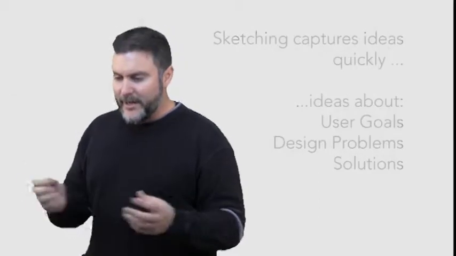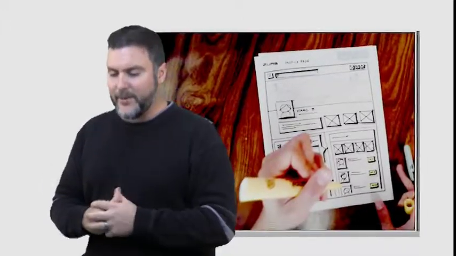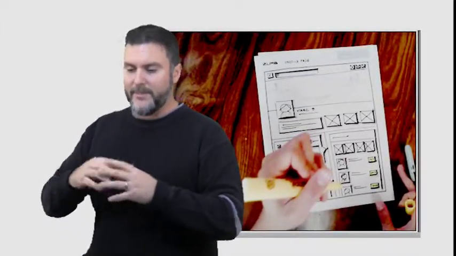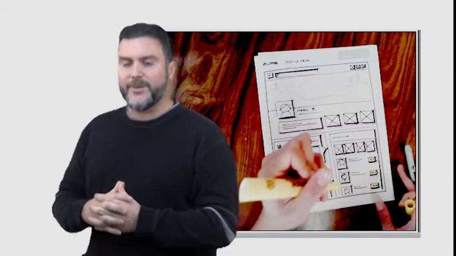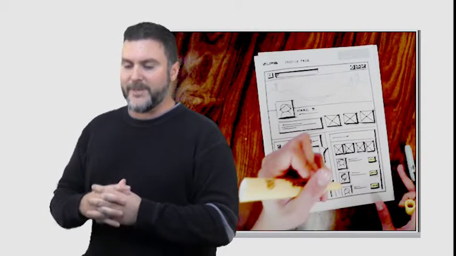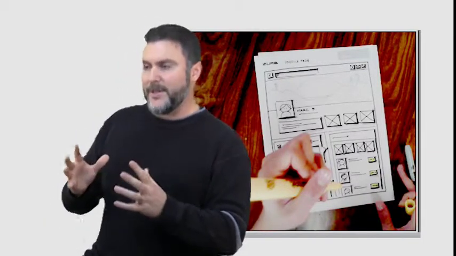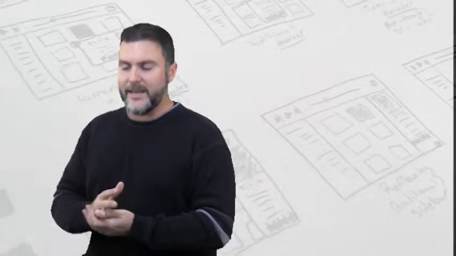You can sketch on a napkin at a restaurant, just about anywhere, to get ideas down quickly, and that's the idea behind sketching, and then how we can use sketching to help identify problems and actually solve particular user interface issues.